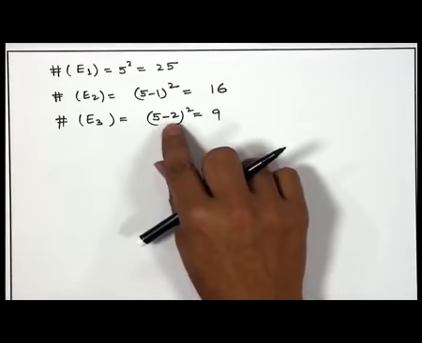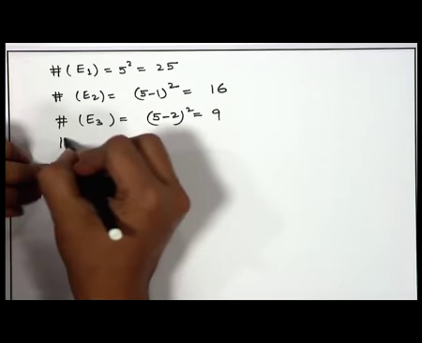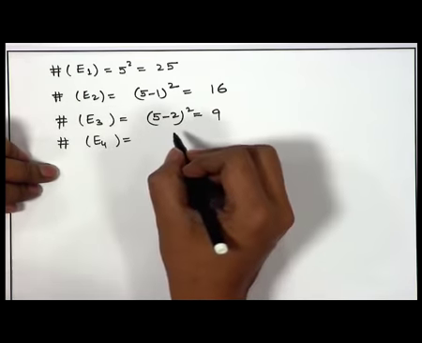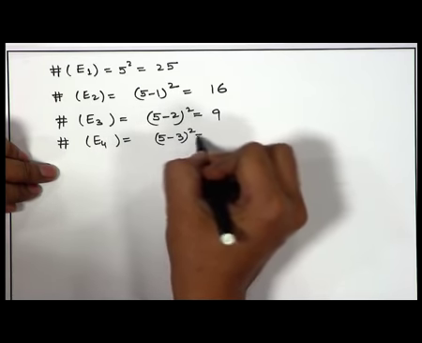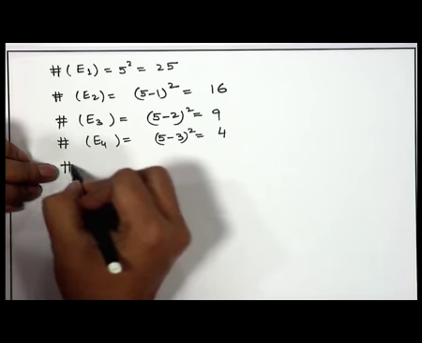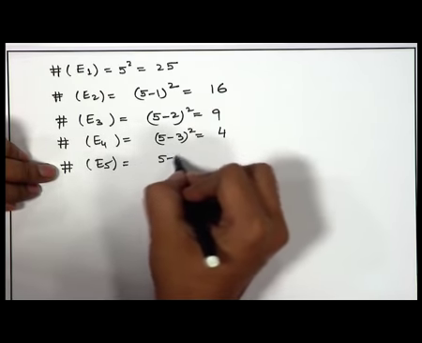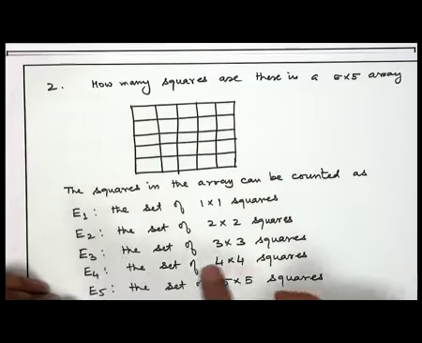So, I am writing it in the form (5 minus 2) square, that is 9, and in a very similar way you get E4. The number of 4 by 4 squares is (5 minus 3) square, that will be simply 4, and the number of 5 by 5 squares is (5 minus 4) square, that is 1. The 5 by 5 square, there is only 1.